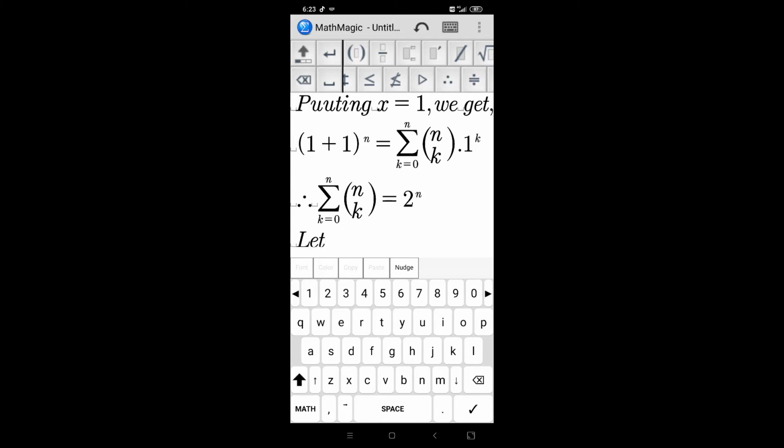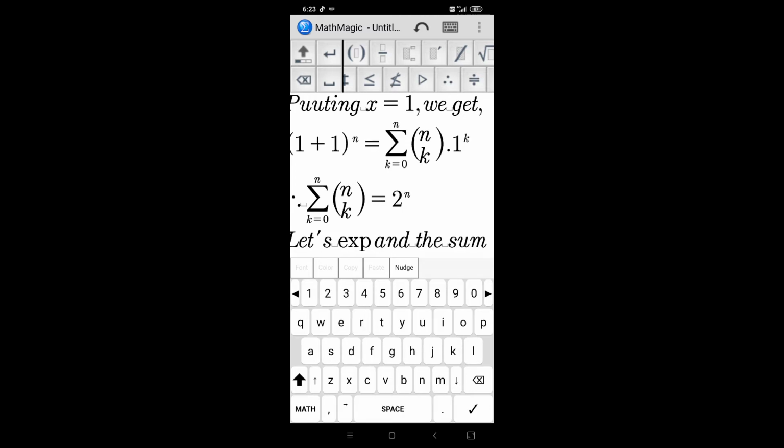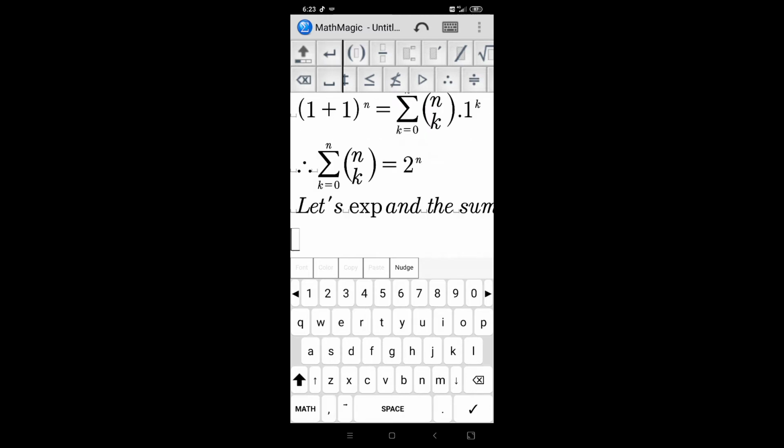Now let us expand the sum and see what is going on there.